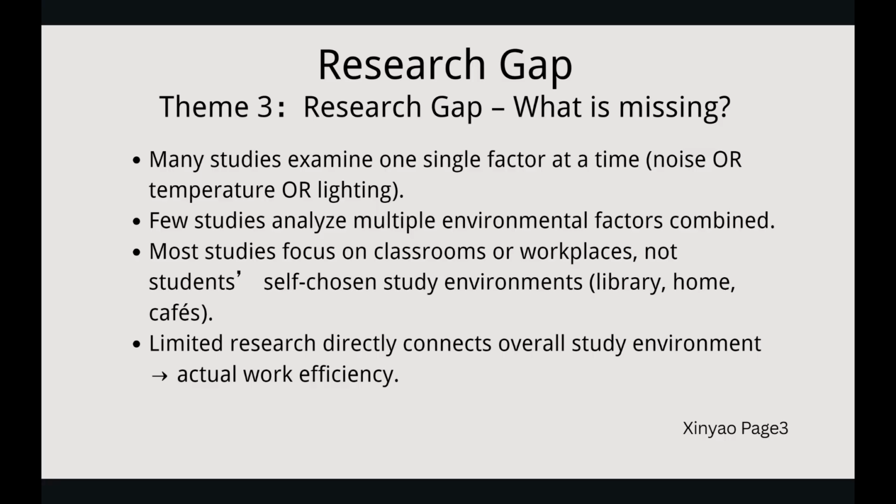Most existing research focuses on traditional classrooms and workplaces, rather than students' self-chosen study spaces like the library, home, or cafes, and only limited research directly connects the overall study environment to actual working efficiency. Our study aims to address this gap by examining multiple environmental factors and their combined impact on students' productivity.